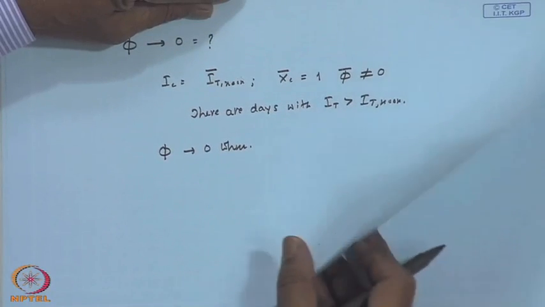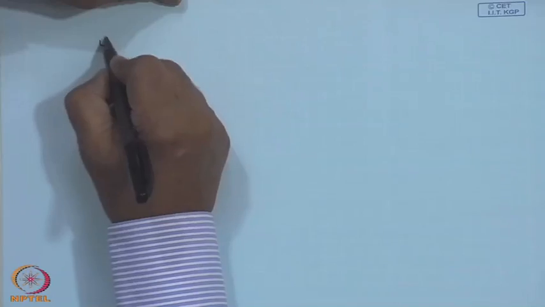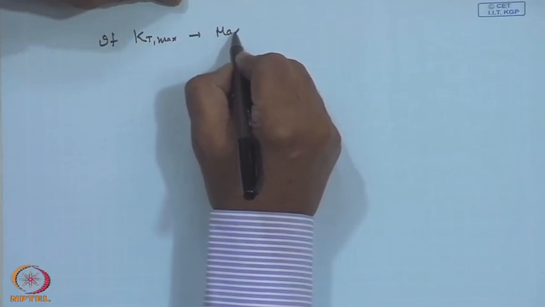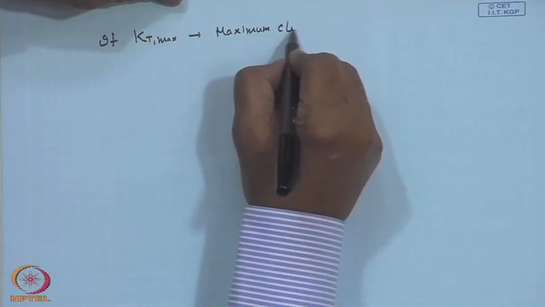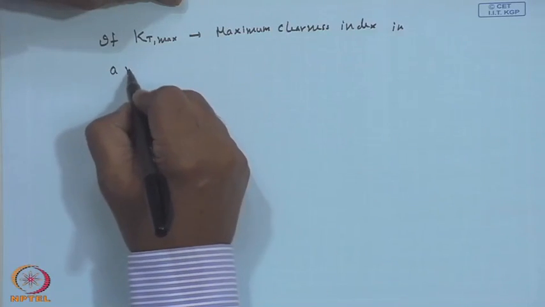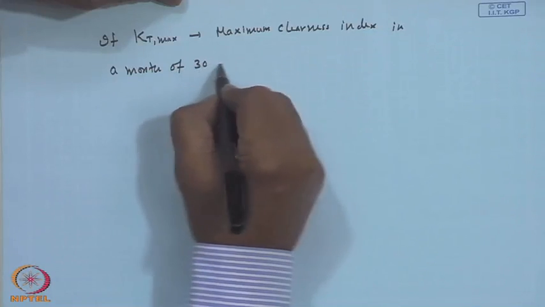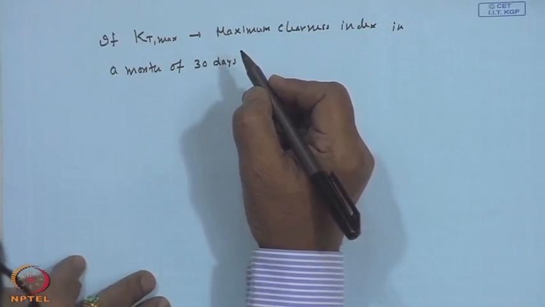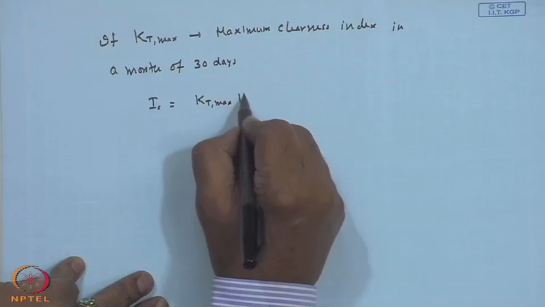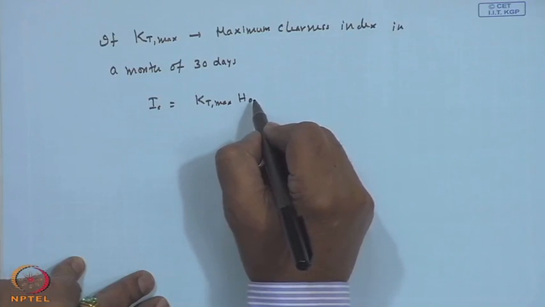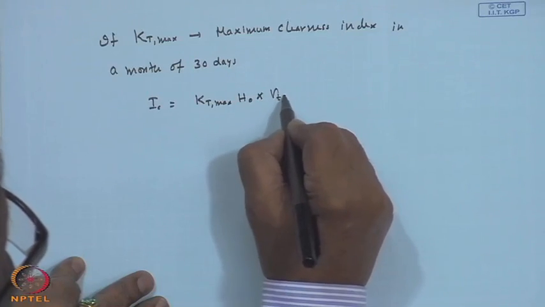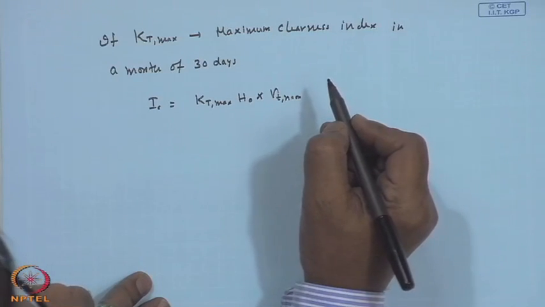So, we can have a quick estimate. If K T max is the maximum clearness index in a month of 30 days, 30 days or 31 days does not matter, then if my I c equals K T max multiplied by H 0, that will give me the horizontal radiation, multiplied by R T at noon, that gives me I at noon.